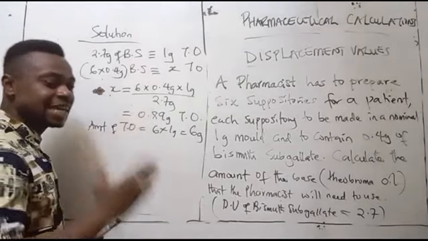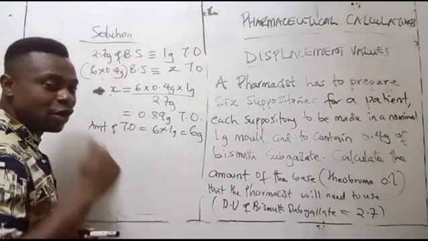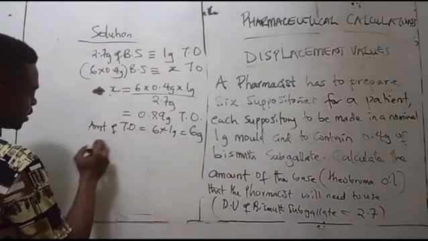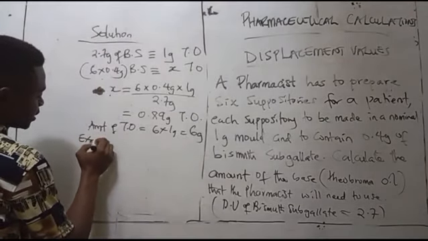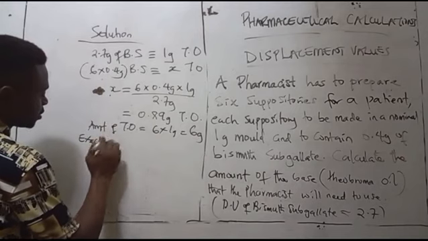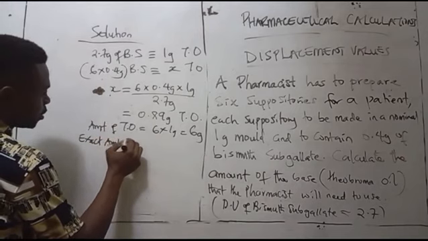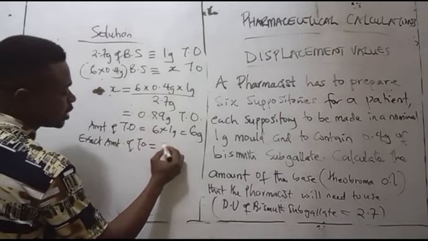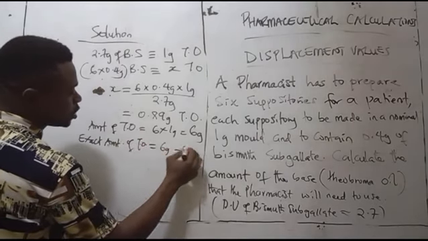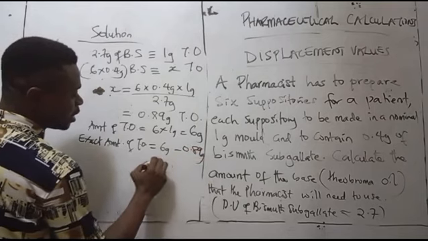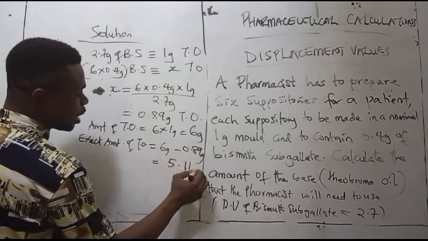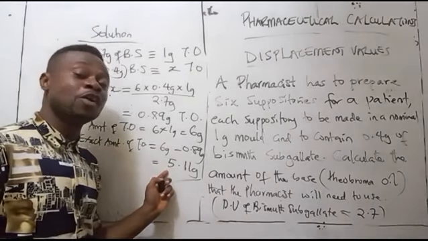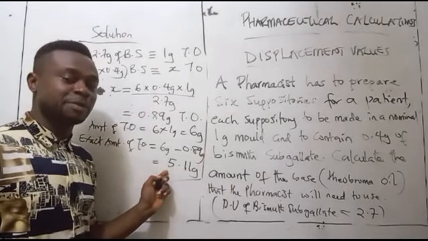So the exact amount of theobromine oil needed is simply 6 gram minus 0.89 gram, and this will give us 5.11 gram. This is the amount of theobromine oil you will need in this preparation.